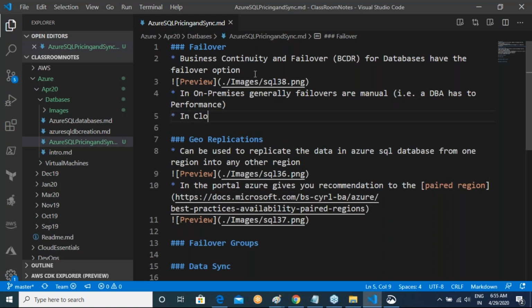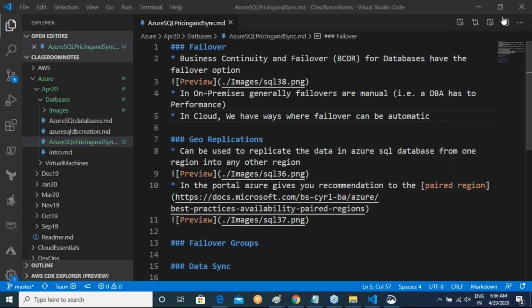In on-premise also you have options, but in cloud, we have ways where failover can be automatic.